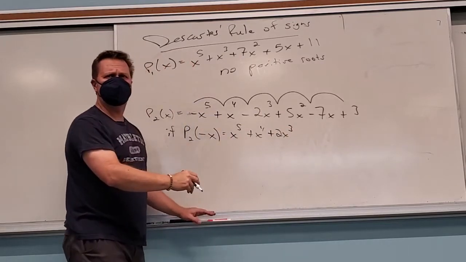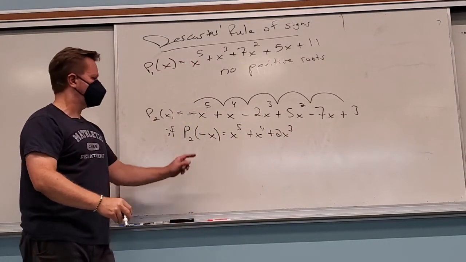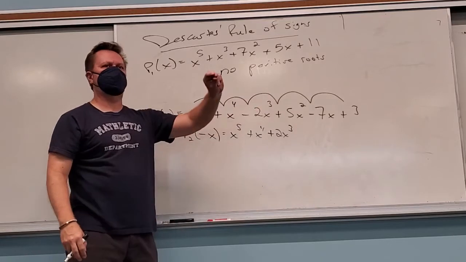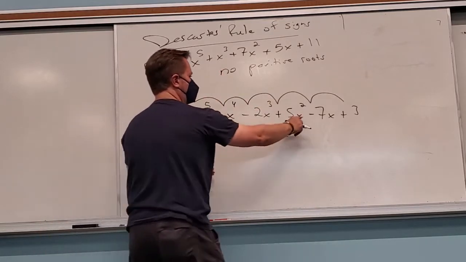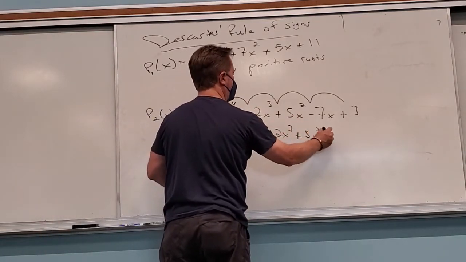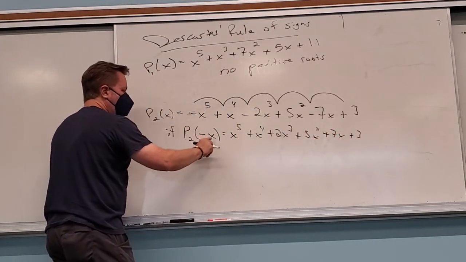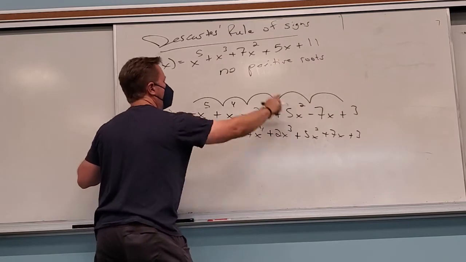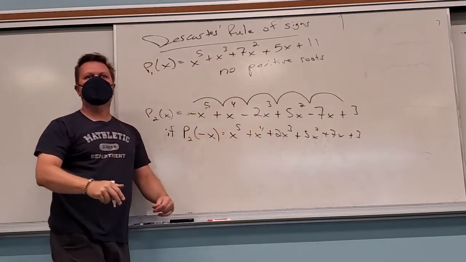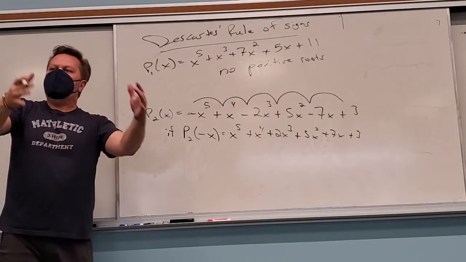If I put a negative inside of an odd power, it's going to stay negative. If I put it into an even power, it's going to become positive. If putting a negative x in makes there be no sign changes, then there are no negative roots.